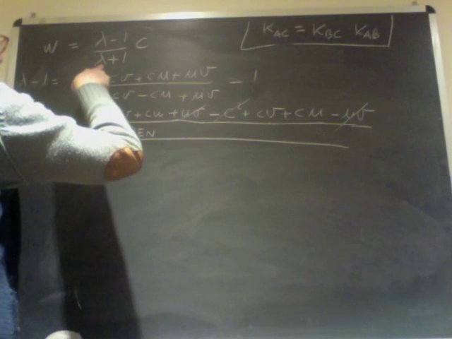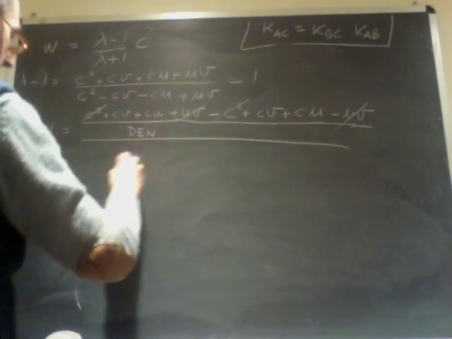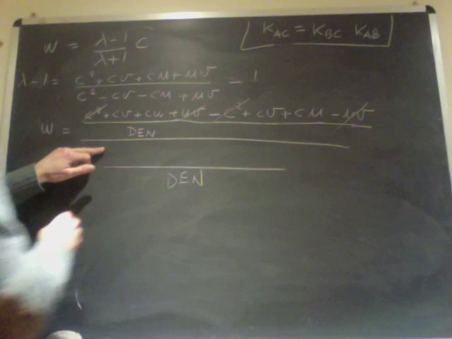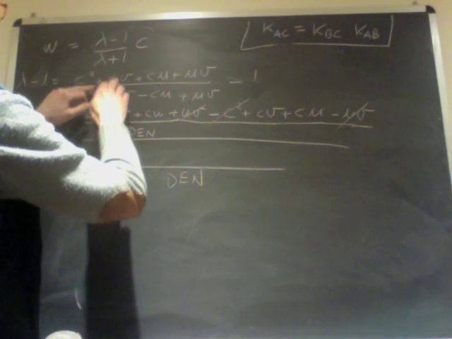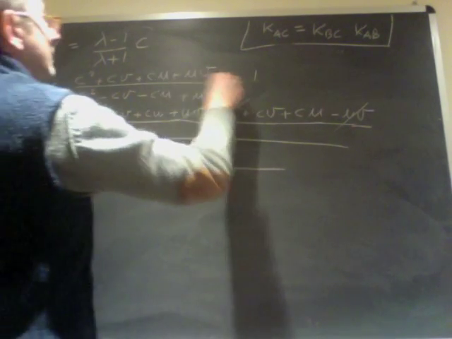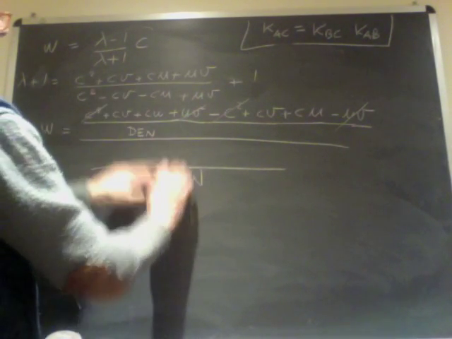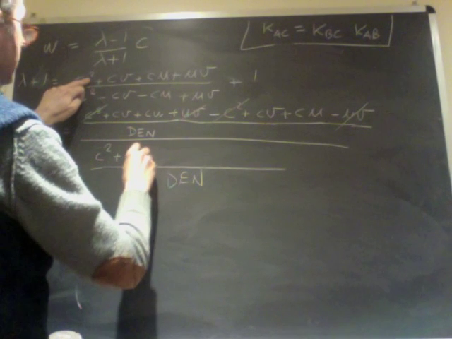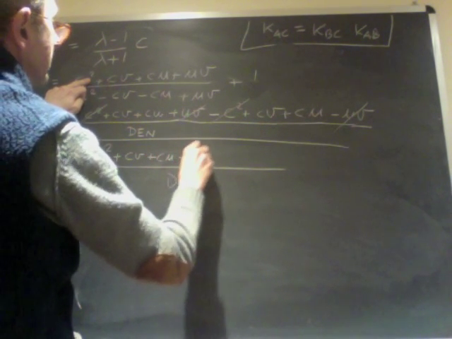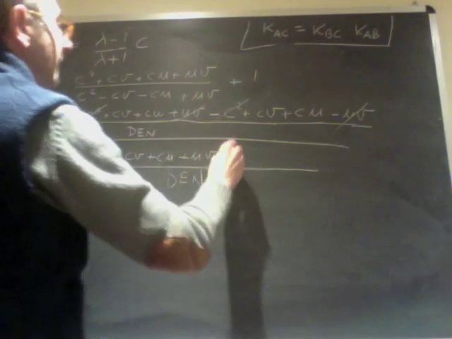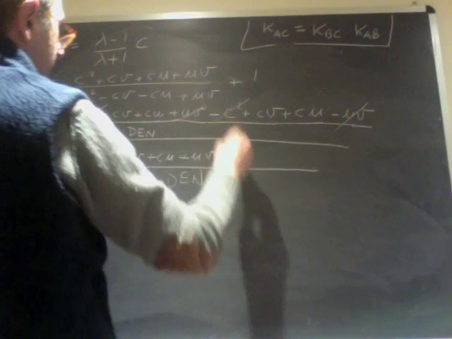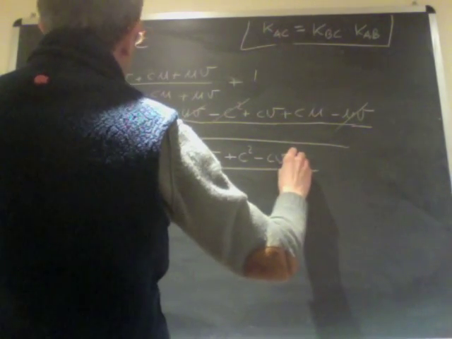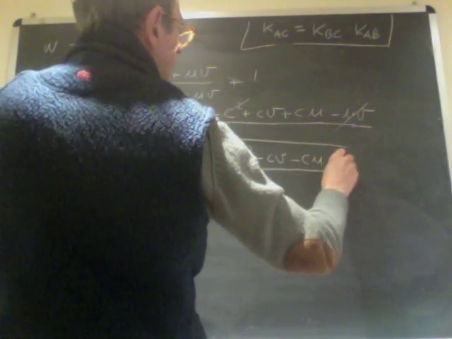I've got lambda plus 1, so again the denominator D. And then I've got lambda plus 1, which is again the same: C squared plus CV plus CU plus UV, and then this time instead of minus I've got plus the denominator, because it's times 1, that is plus C squared minus CV minus CU plus UV.